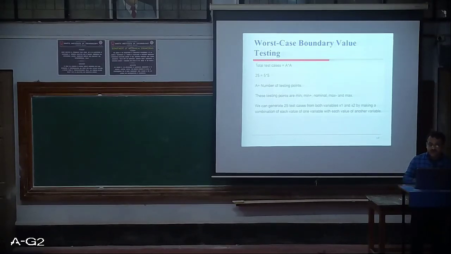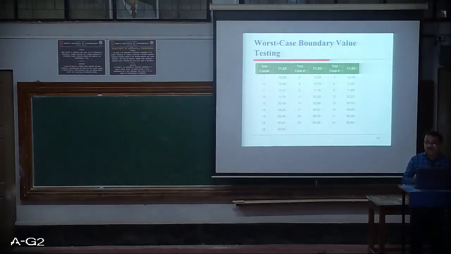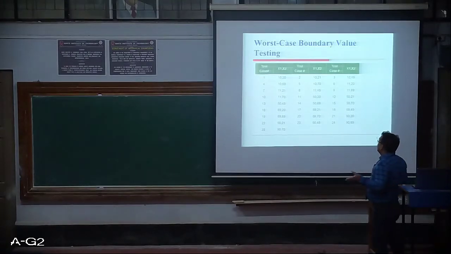A combination of the values is taken from the ranges of x1 and x2. Now this is the entire combination after taking the Cartesian product.